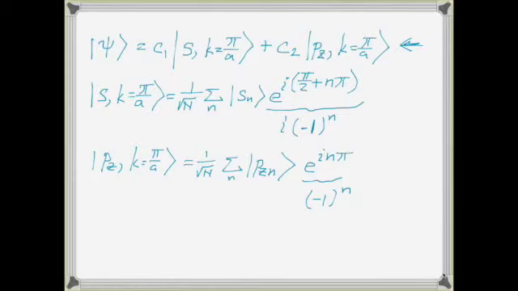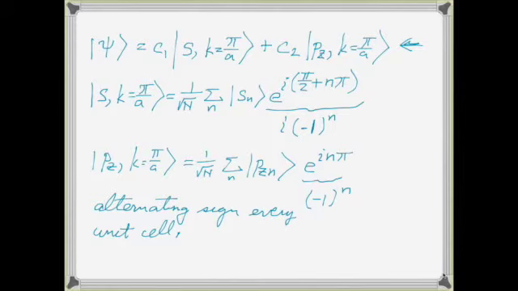And the sign of these is alternating every unit cell, right? So this wave function at the X point is rapidly oscillating. The unit cells are like 1.5 angstroms apart, and the sign of the wave function at the X point is alternating every unit cell, from plus to minus 1. So it's a rapidly oscillating wave function.